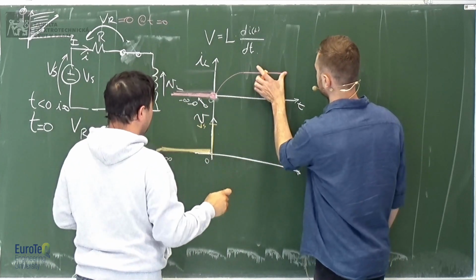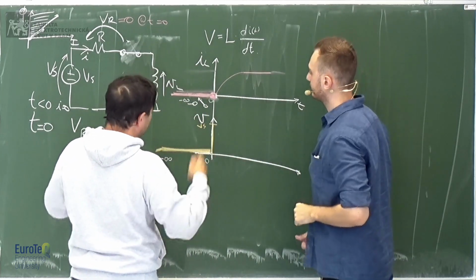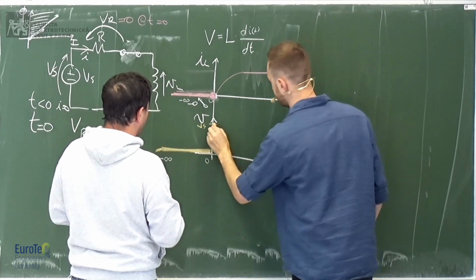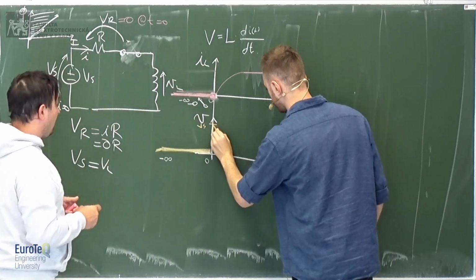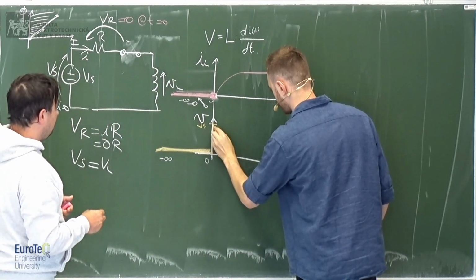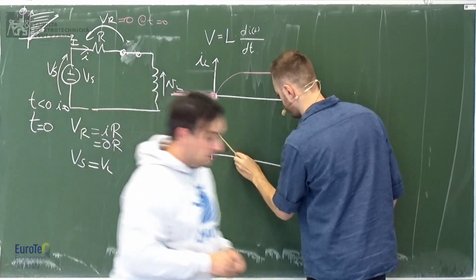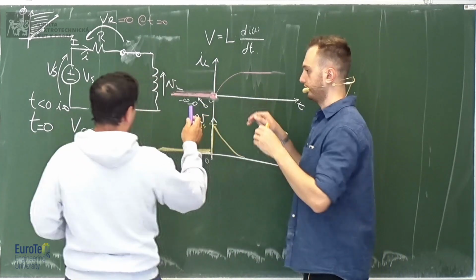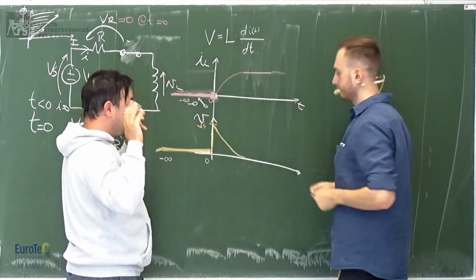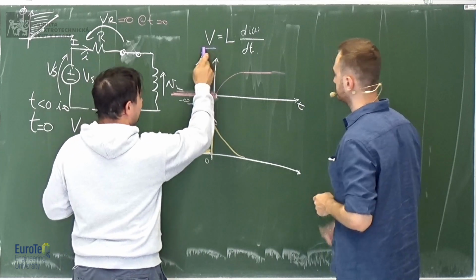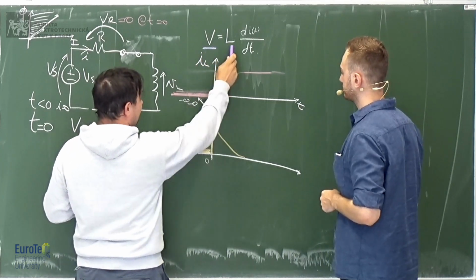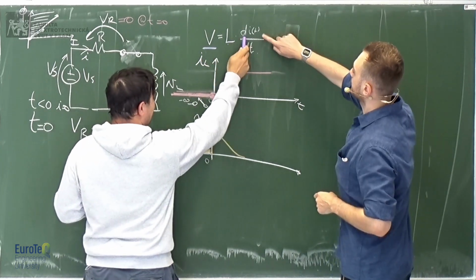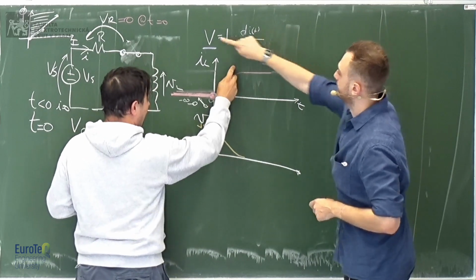But let's draw the disconnection as well. And then this is going to decrease. Why? Because it charges up, and the resistance of this lowers, resistance in quote marks. The voltage is the inductance times the derivative, and the derivative becomes 0, so the voltage becomes 0.